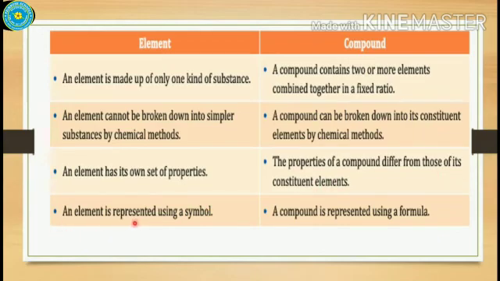An element is represented using a symbol; we know already, carbon, magnesium, silver are all represented using a symbol, that is, for carbon it is C, for magnesium it is Mg, and for silver it is Ag. Whereas a compound is represented using a formula. Water is a compound which is represented using a formula, that is H2O.